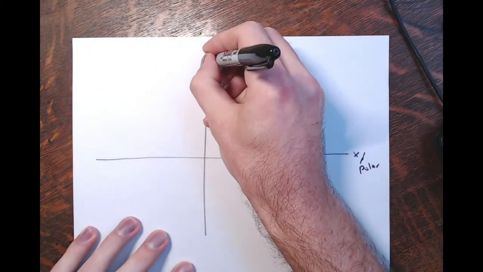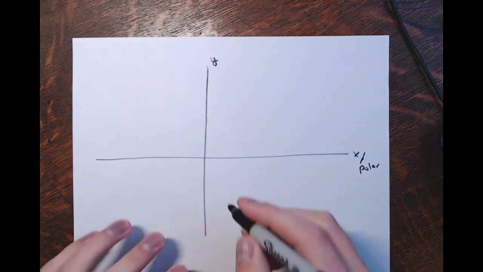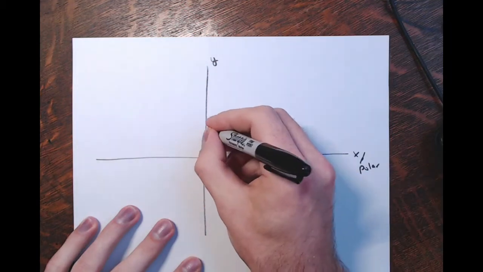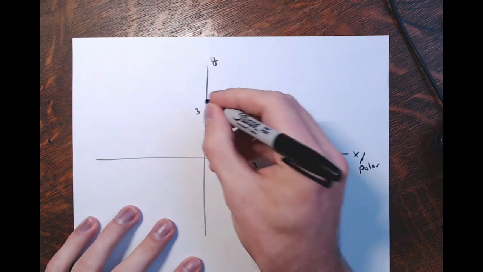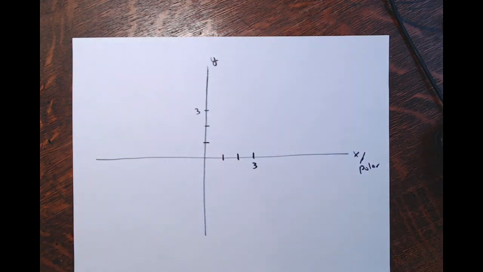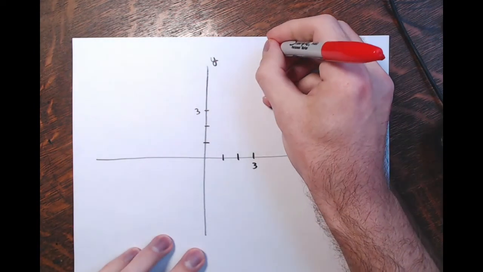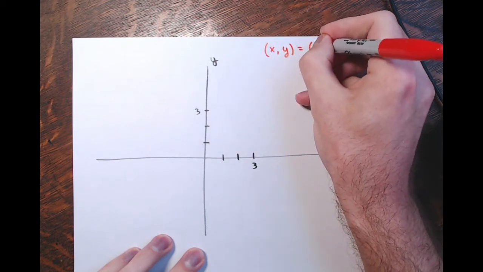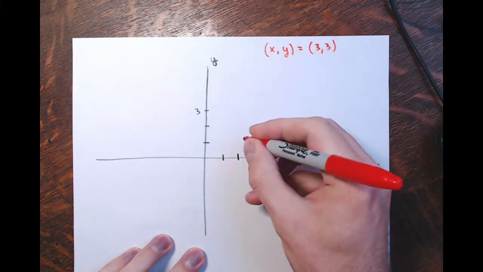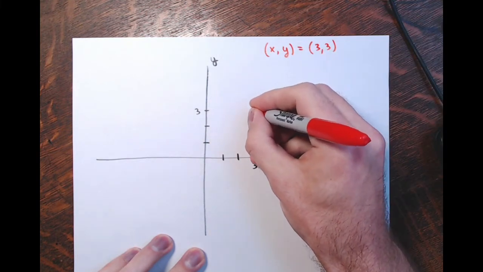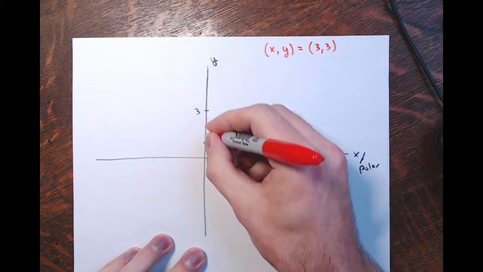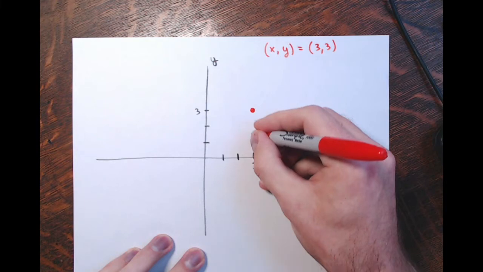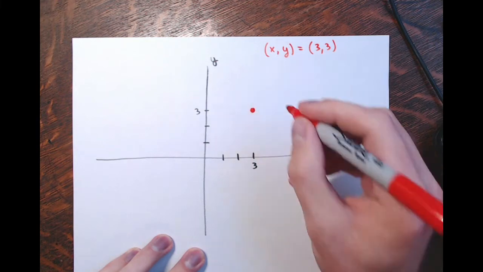This is the y-axis. And we're given the coordinates 3, 3 in rectangular. So x, y equals 3, 3. So we plot that point right here. You can think of it as a square, and a square is a rectangle. But there's the 3, 3.